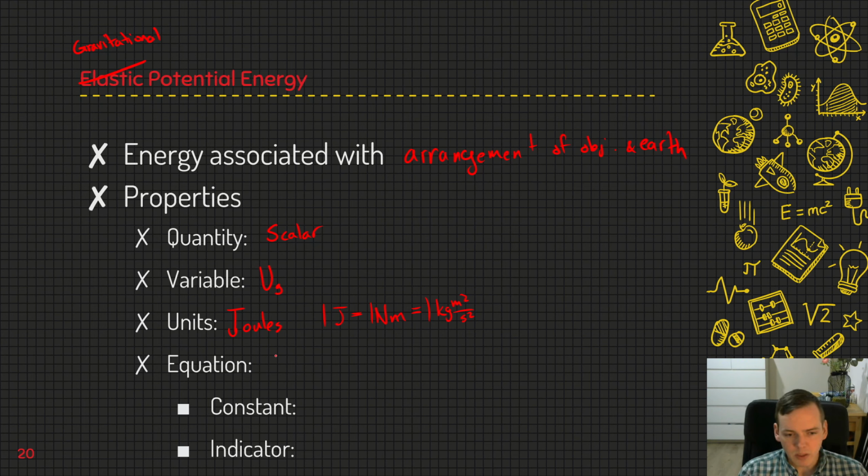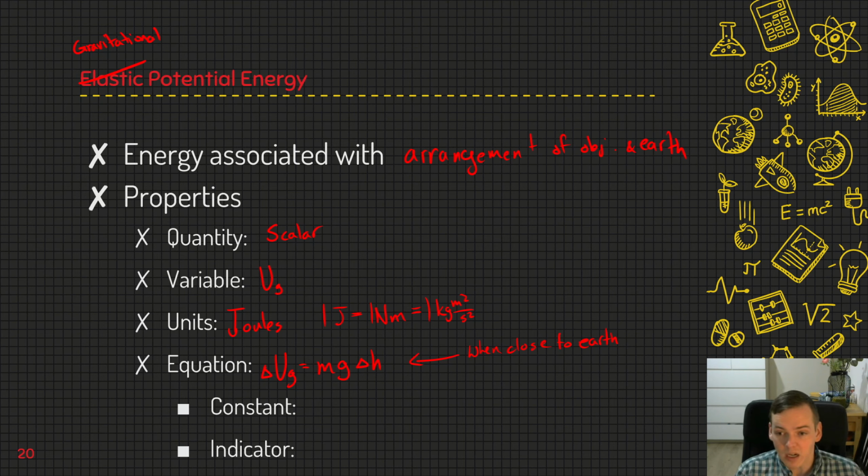And the equation that we use for UG is equal to mg times the change in height. And again, that's a change. And this is when we're close to Earth. So if you're dealing with a problem on the surface of the Earth, or someone's throwing a ball up in the air, that's what we consider close to the Earth.